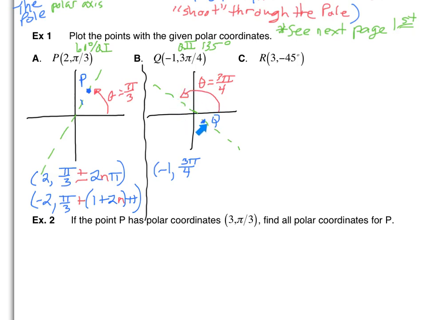We shot through the pole to get to negative 1, so here's that point. Then from here, I just have to keep adding revolutions, full revolutions, to get to that point. So I'm going to add here, or subtract, because I could subtract full revolutions. So I'm going to add or subtract 2n pi.